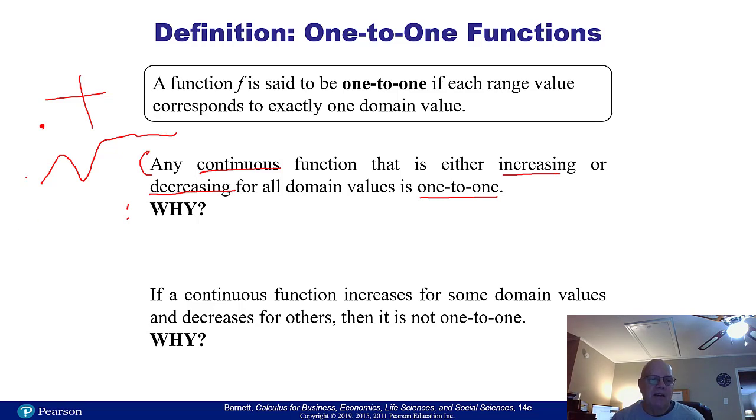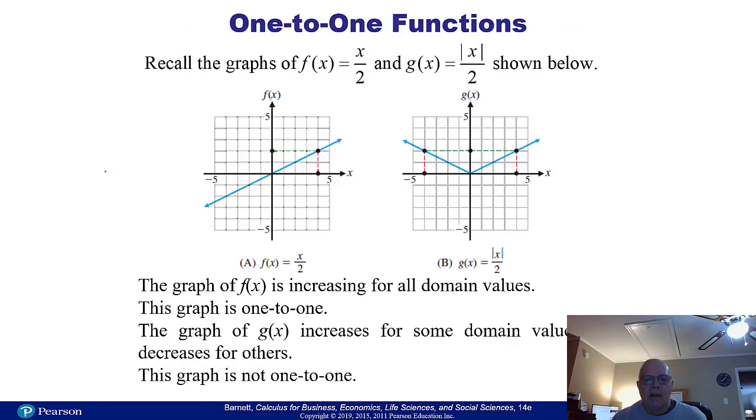In fact, we can create a horizontal line test. It failed. It goes through at three different places for that particular horizontal line. So here are examples, and you can pause if you like and see why the first one is not only a function, but one-to-one, and the second one is a function, but not one-to-one.